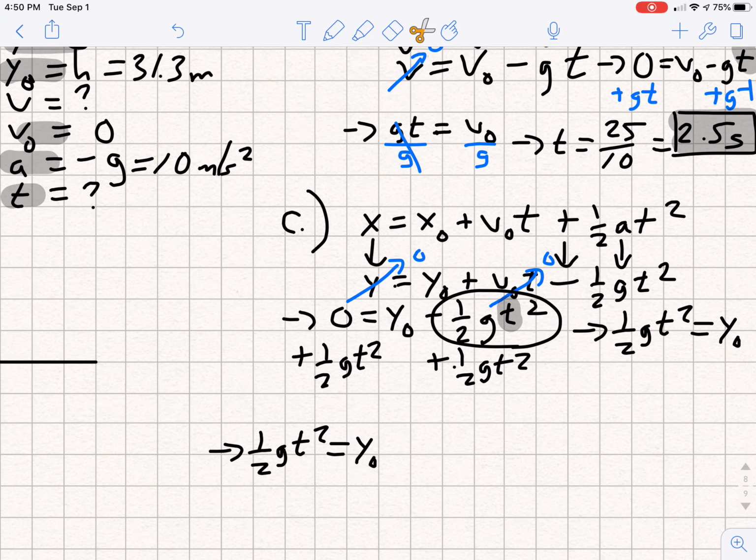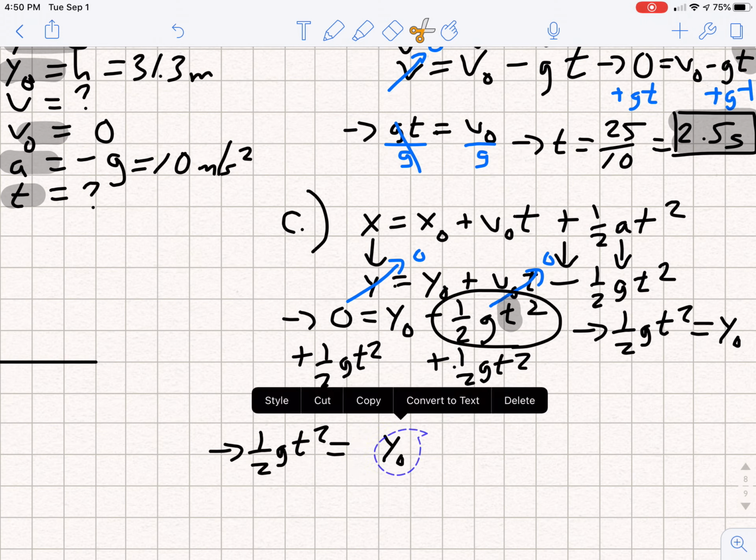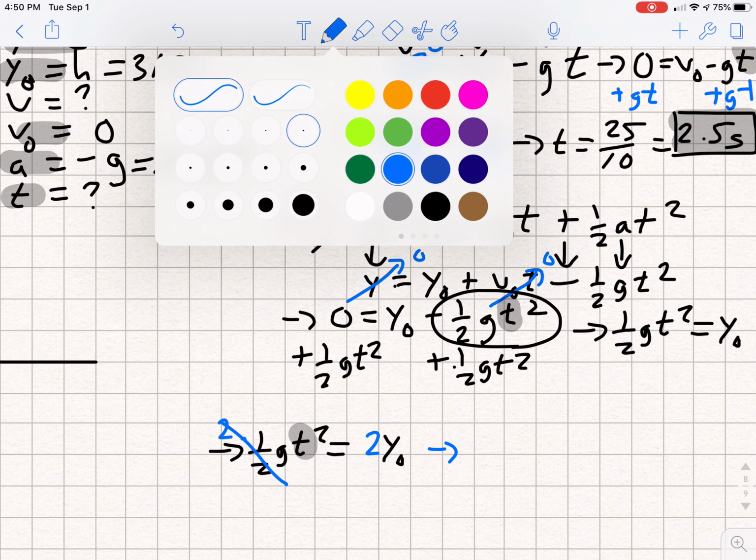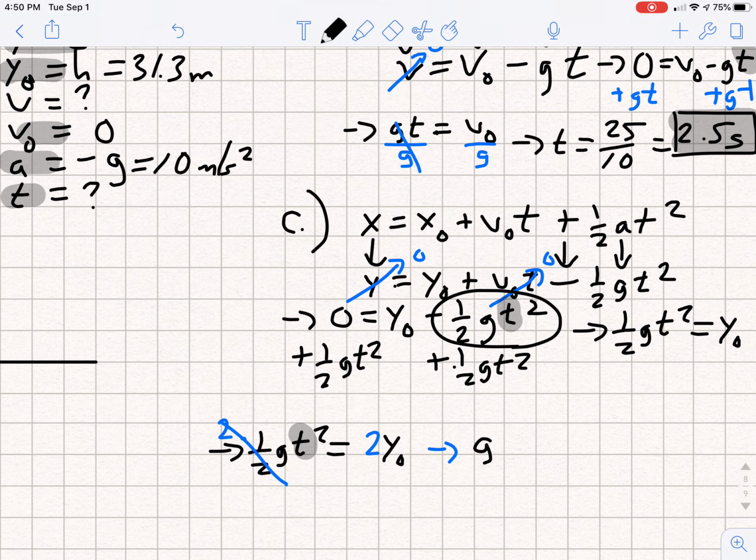Now at this point, I can start solving for t. To solve for t, I need to multiply both sides by 2. That's going to get rid of the fraction. And if I rewrite, I get g t squared equals 2 y naught.